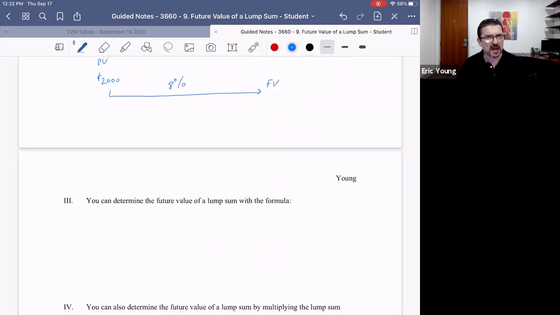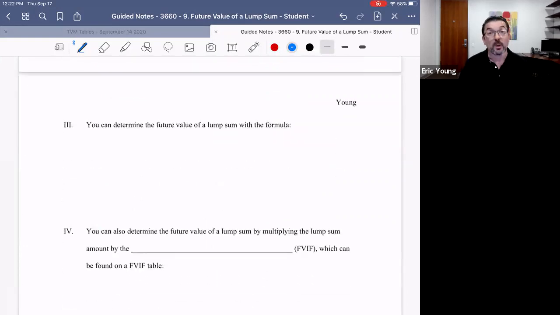So you know how to use a timeline, but the real meat of it, we got to get the formula. So how do you solve the future value of a lump sum? You solve it with this formula. The future value of a lump sum is equal to the present value multiplied by 1 plus the interest rate raised to the exponent n.